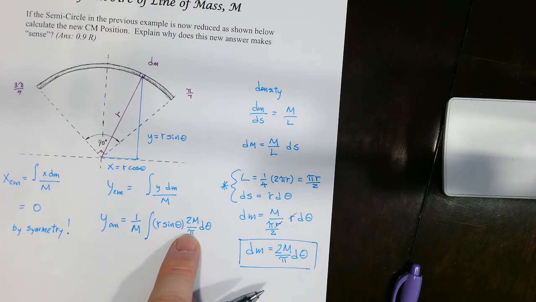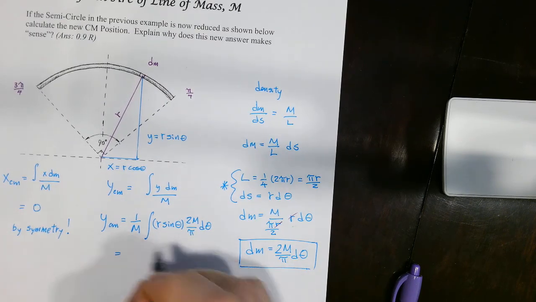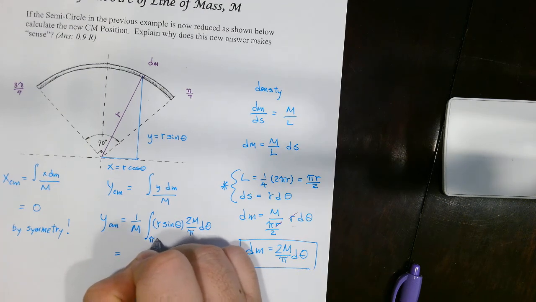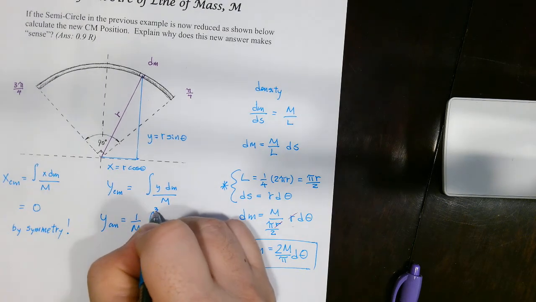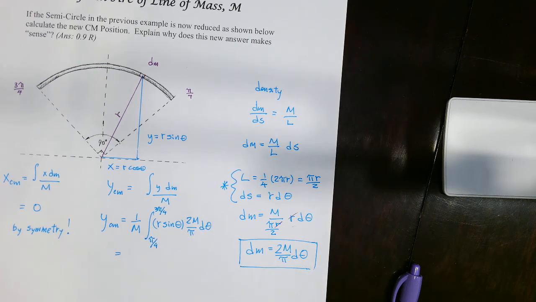If we factor out all the constants, it's going to go from pi over 4 to 3 pi over 4. And if you want to put these in degree mode, you could go from 45 to 135. That's also fine too.